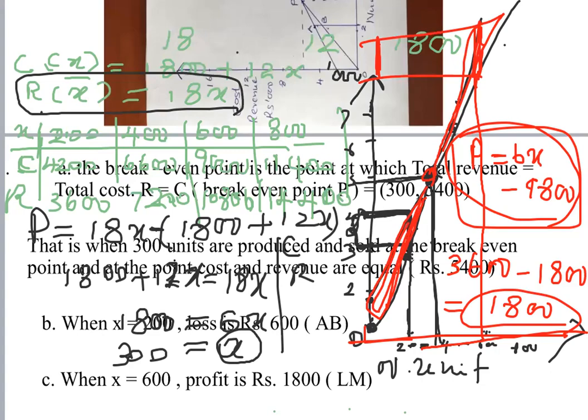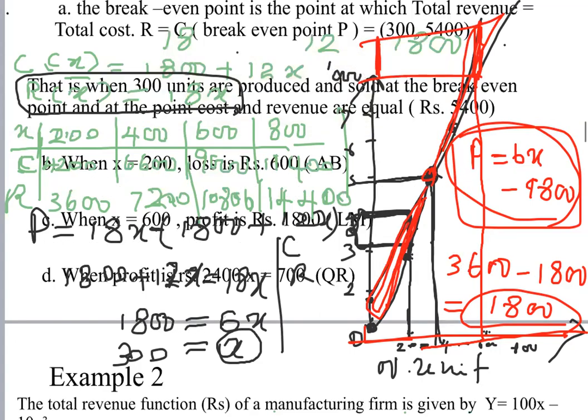The final question is asked in a different way. The same thing is asked in the opposite way, which means the profit is given. If our profit equals 2,800, then what is our x?